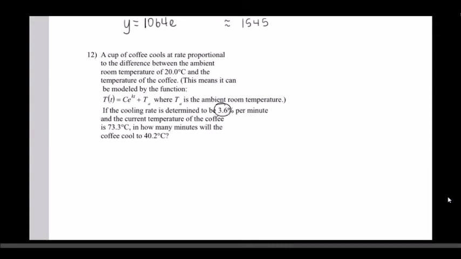So we've been given the k value there, and since the temperature is cooling, it's decreasing, this needs to be a negative value. Okay. And then the current temperature of the coffee is 73.3 degrees Celsius. Now that doesn't necessarily transfer over to the value of C.